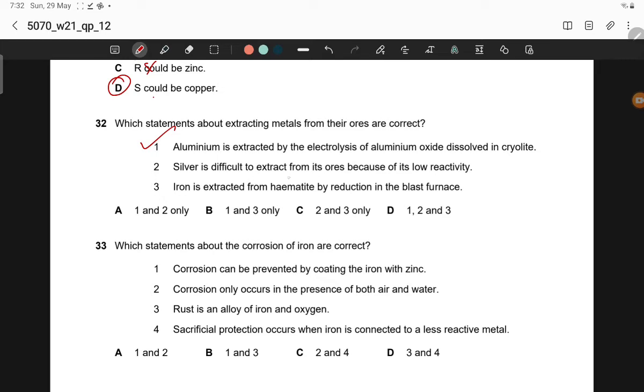Silver is difficult to extract from its ores because of its low reactivity. Yes, it is incorrect. Silver is easily extracted.